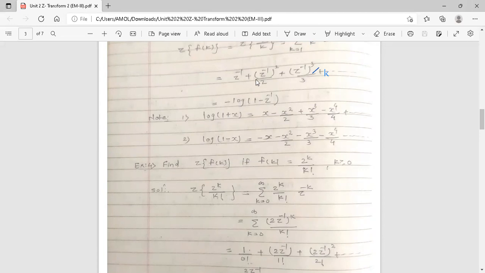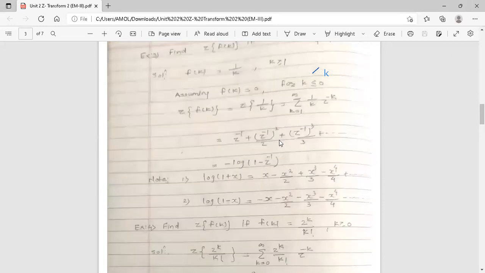In place of x, the term is z raised to minus 1: z raised to minus 1 plus (z raised to minus 1) whole square upon 2 plus (z raised to minus 1) cube upon 3 and so on. All the terms are positive, so you take the minus sign common, and the remaining term is nothing but log of (1 minus z raised to minus 1).